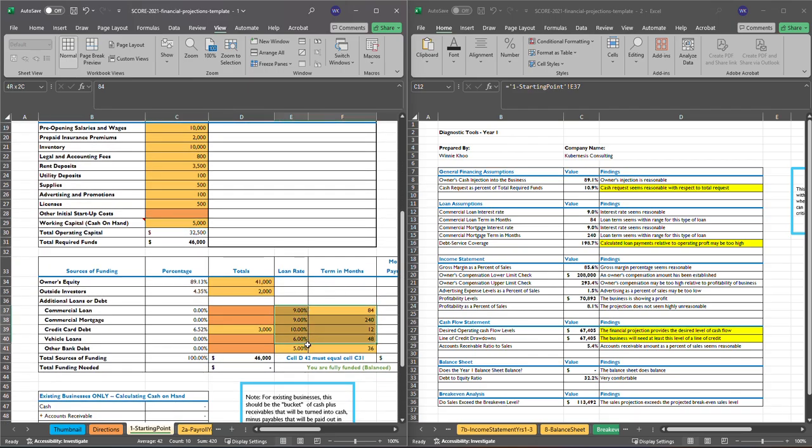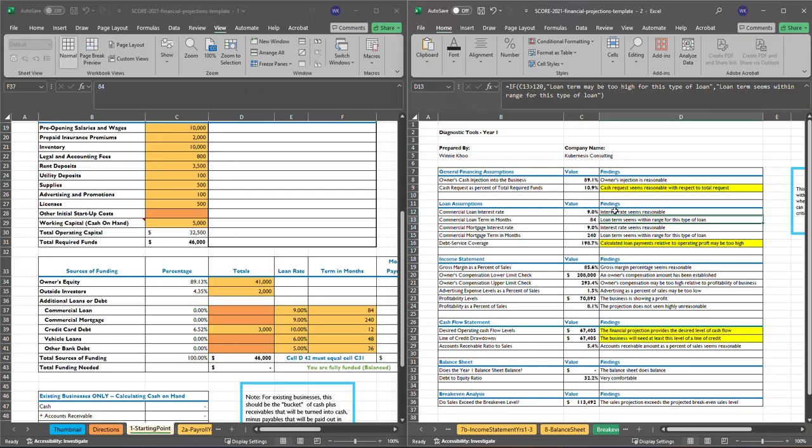I did not adjust the template at all. So mine are all going to be reasonable for the interest rate, and the term in months is also going to be reasonable because I didn't change anything.